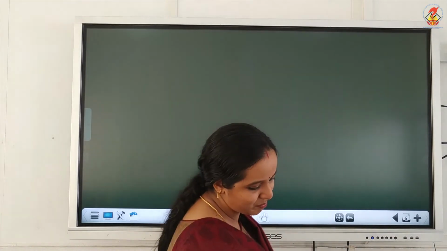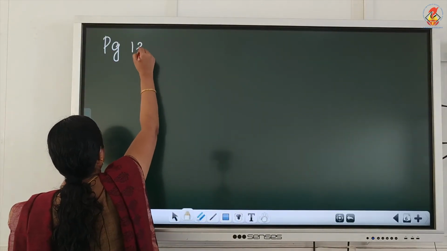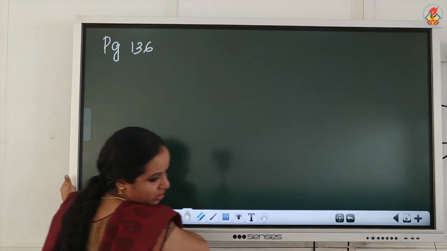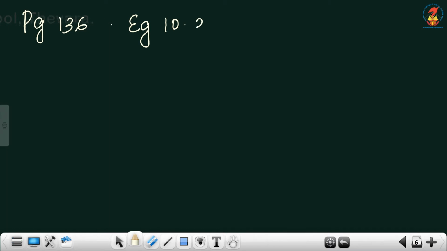You can take page number 136 of your NCERT science textbook. Example 10.3.